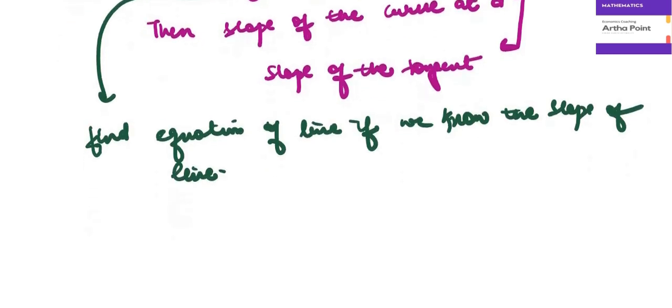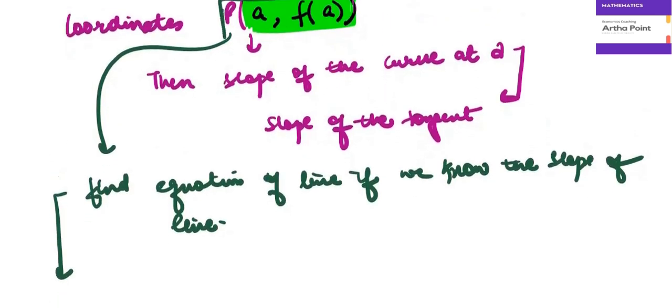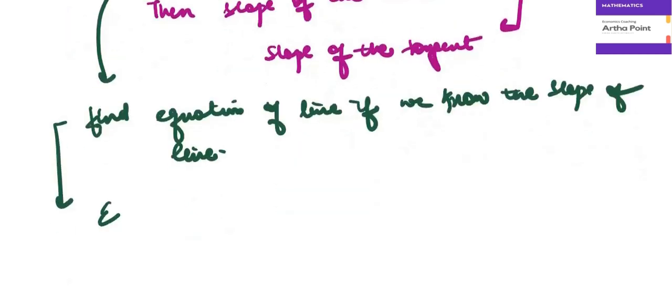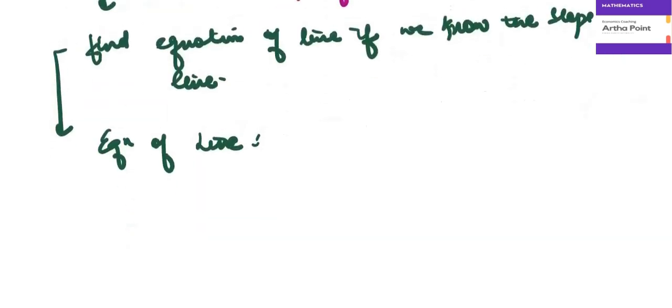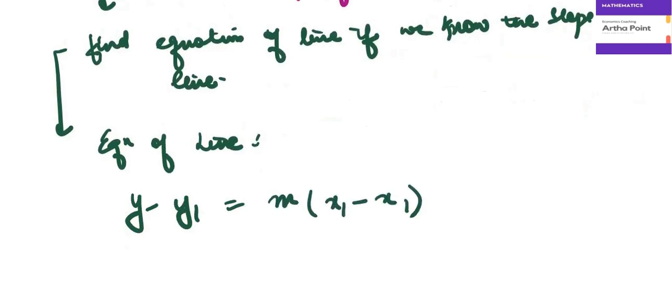For a given coordinate, the equation of the line is given by y minus y1 is equal to m times x minus x1.